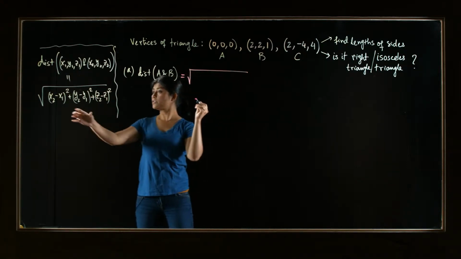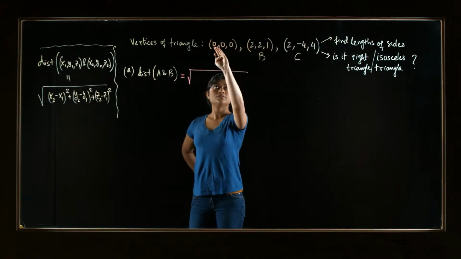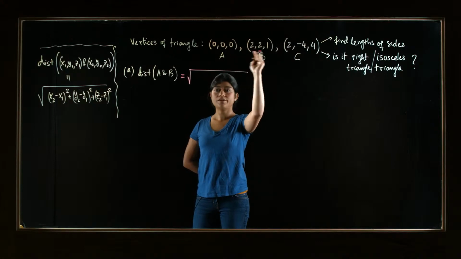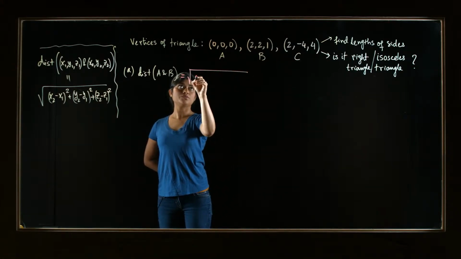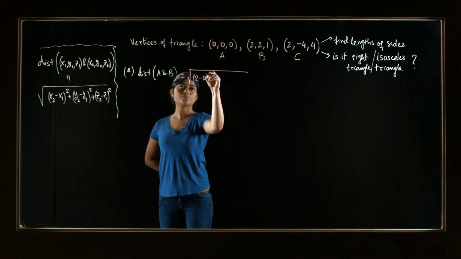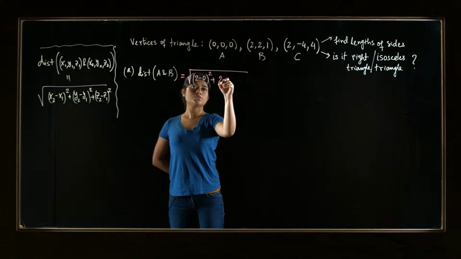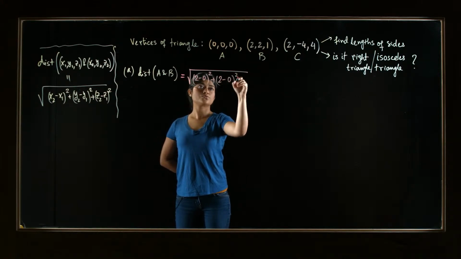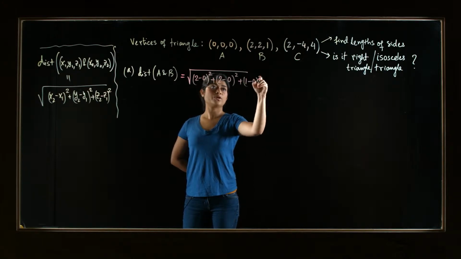So just using the distance formula, take the square root and look at the 2 points and take the difference of x, y, and z and square them and add them. So for the first one, you have (2 minus 0) square plus the difference of y is also (2 minus 0) square plus (1 minus 0) square.